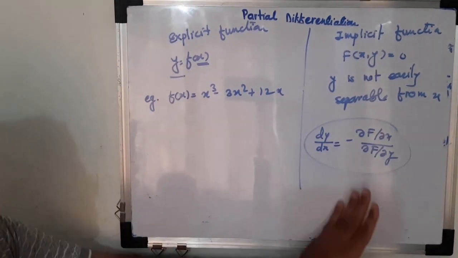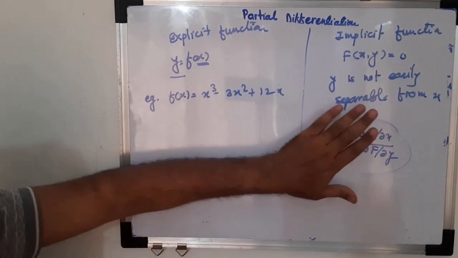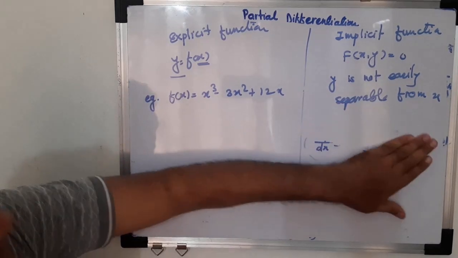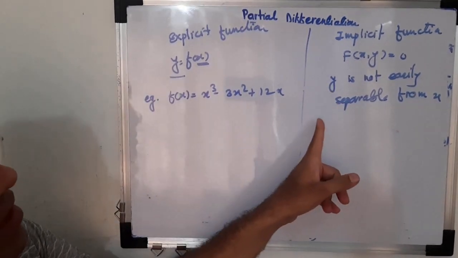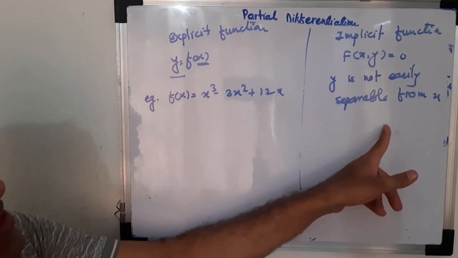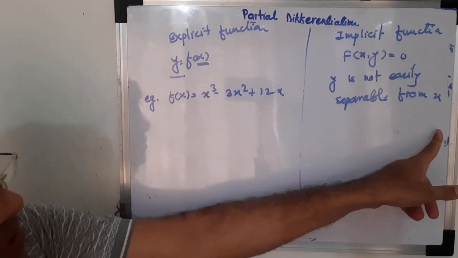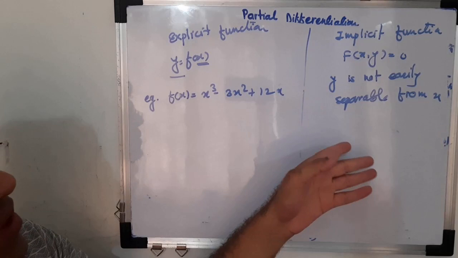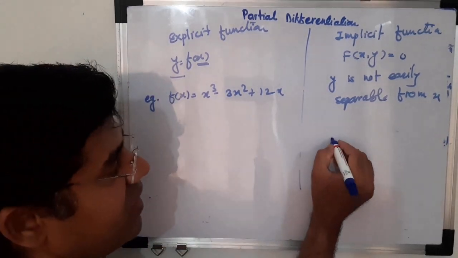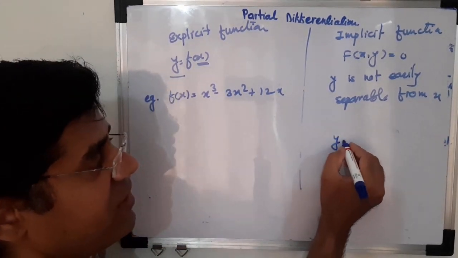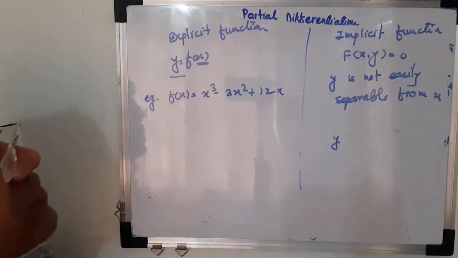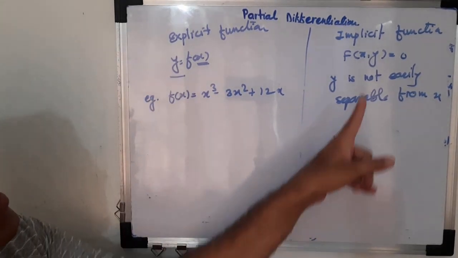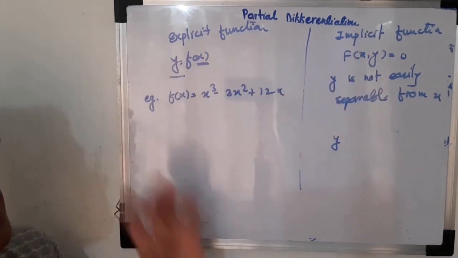I have to check this, it is not an authentic formula, so don't go with this one. Every time just take the differentiation with respect to x, and y is a function of x, and whenever you differentiate y, that time you have to multiply by dy by dx. Okay. So this is the case in your implicit function and your explicit function.